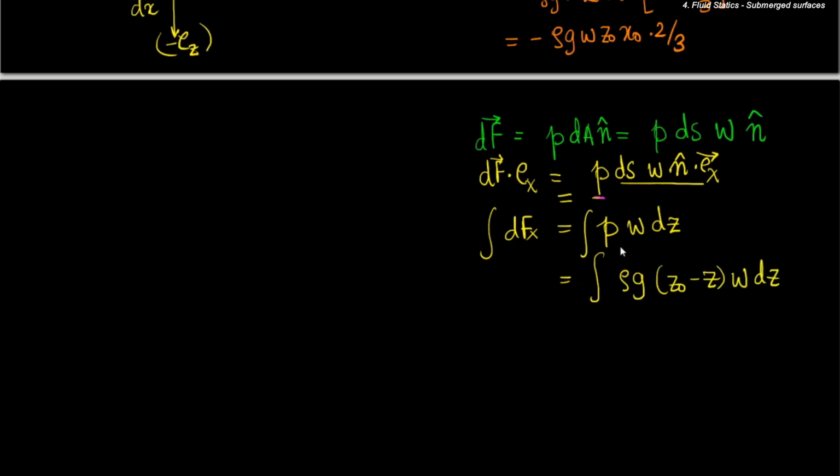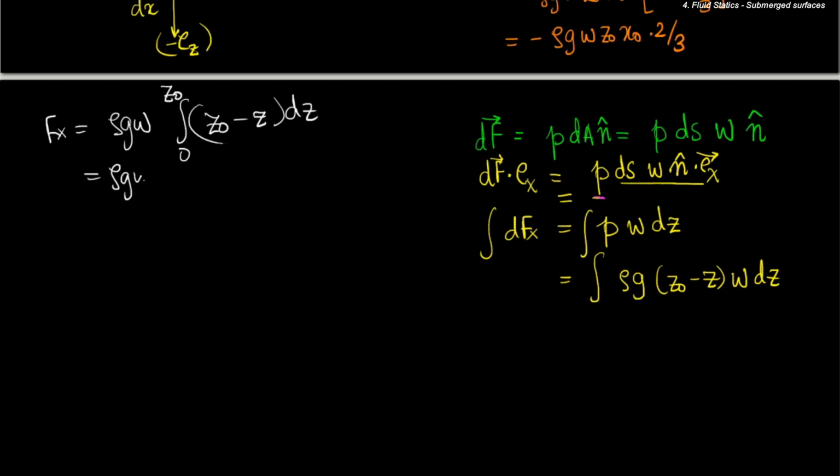Now you must be wondering why I've neglected the atmospheric pressure in all my calculations, because it is given in the problem that I have to neglect the atmospheric pressure. Hence I have not added P atmosphere to all this. Otherwise it would be P atmosphere plus rho g (z naught minus z). But anyway, Fx is essentially rho g w, constant that's outside, (z naught minus z) times dz, where z varies from 0 to z naught.